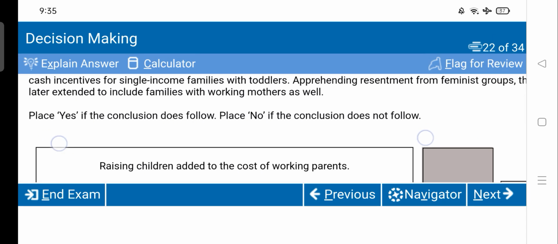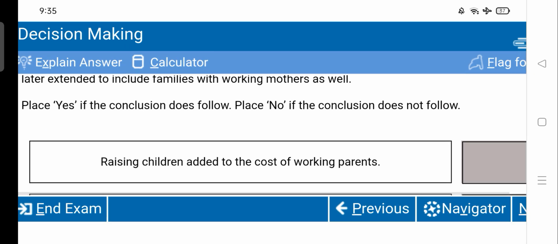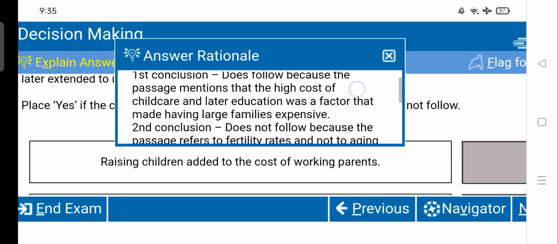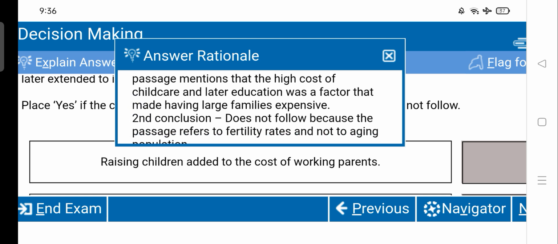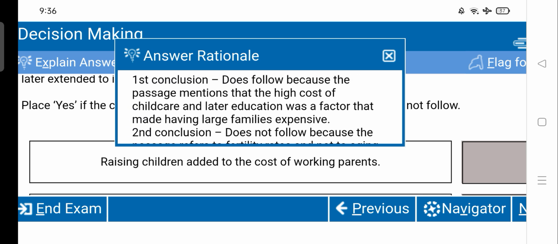So the first conclusion, it does follow because the passage mentions that the high cost of childcare and later education was a factor that made having large families expensive.